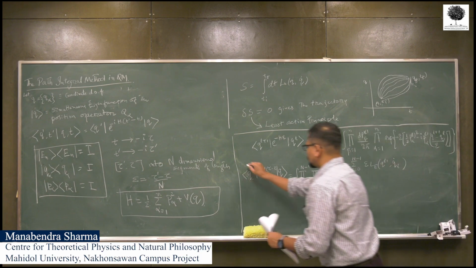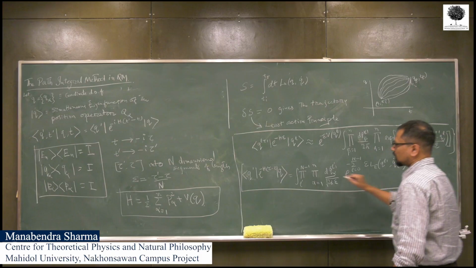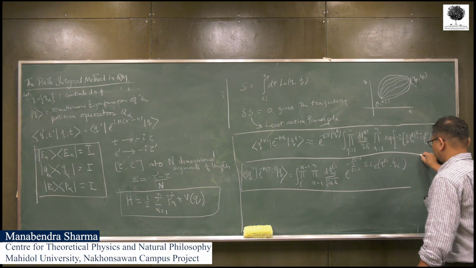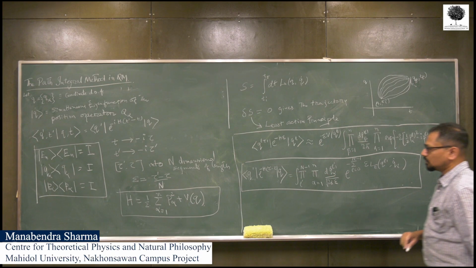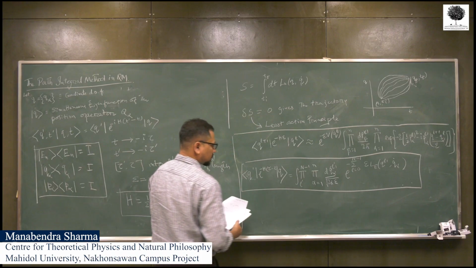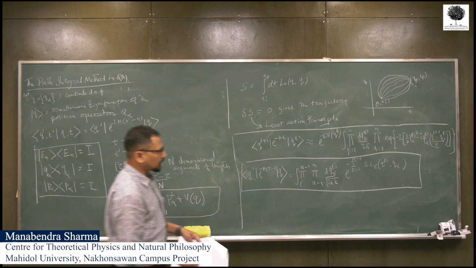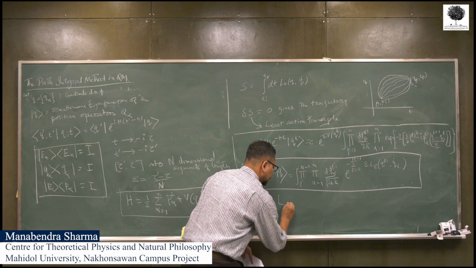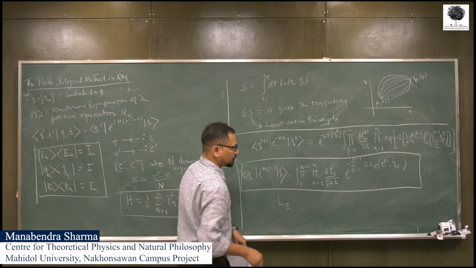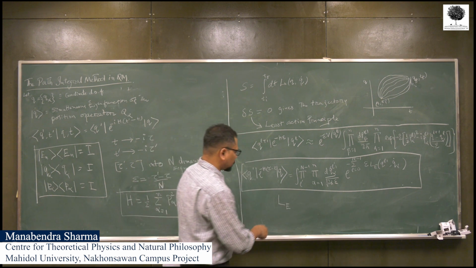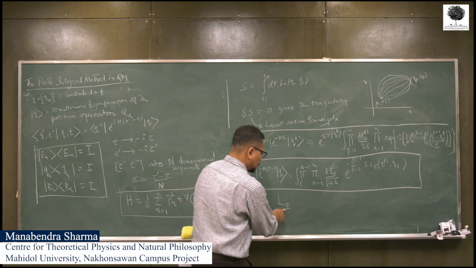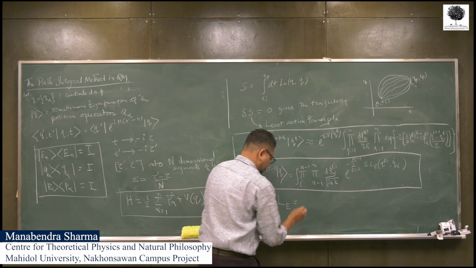All right, so this is my final expression for the matrix element I wanted to achieve. Of course, I'm missing many steps in between because of the time constraints, and L is the Lagrangian written in the Euclidean time, therefore E is a subscript here.